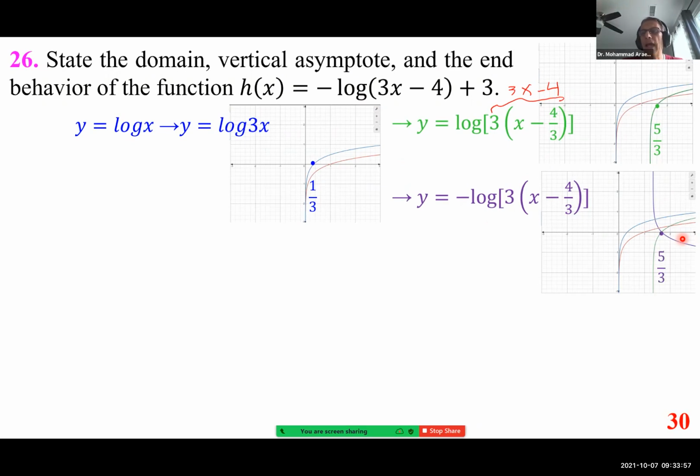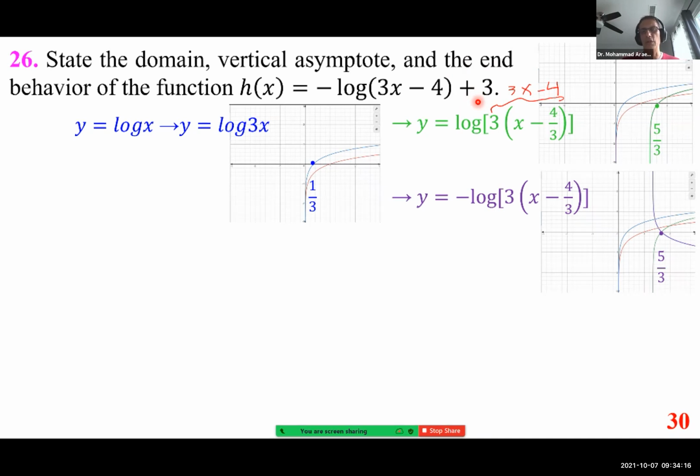And so what happens to your x-intercept? It doesn't change, because it just flips over. The 5/3, 0 remain unchanged.